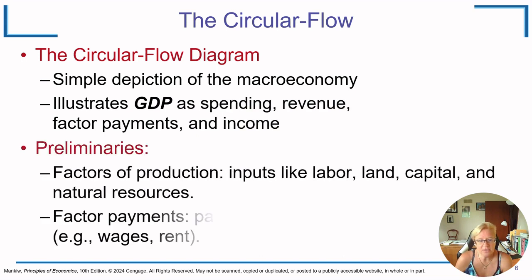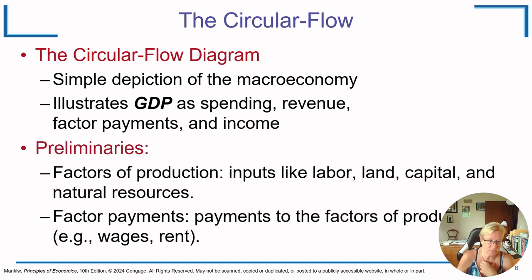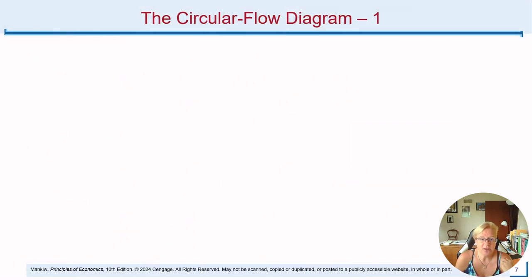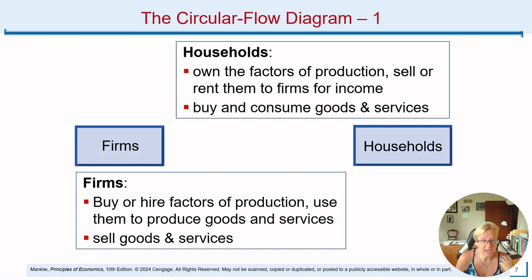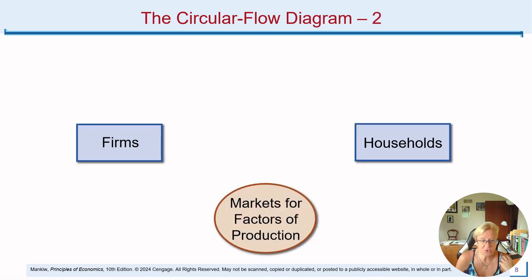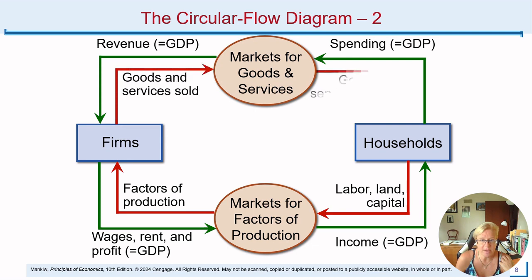And again, why are they equal? They're equal because when we talk about land, labor, and capital, there is always that corresponding rent, wages, and profit. So they're going to be equal because of the circular flow diagram, depending on how we want to cut it. I'm just going to show you the diagram again so you can remember.